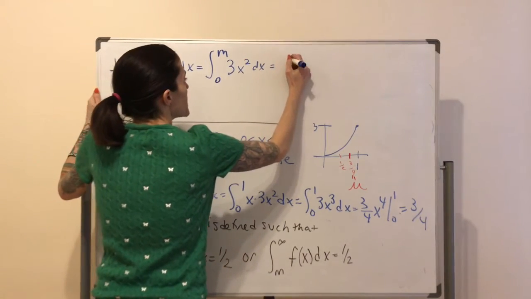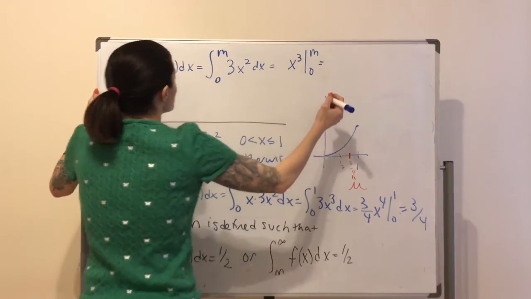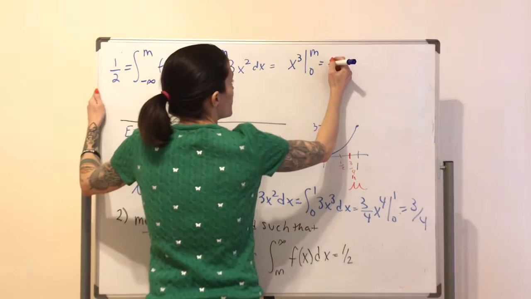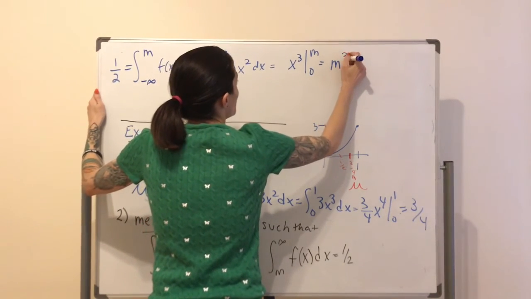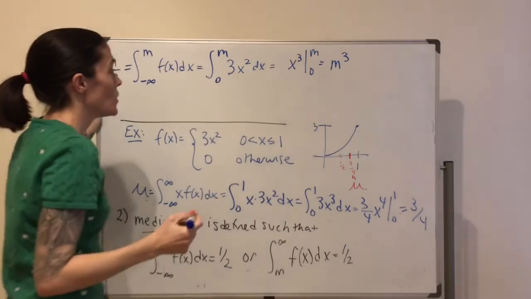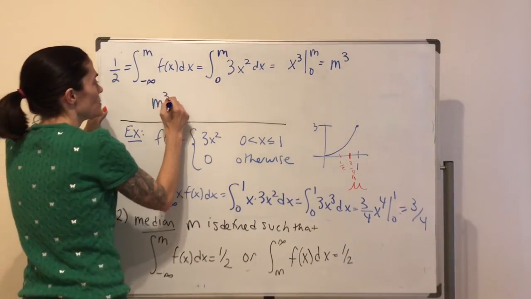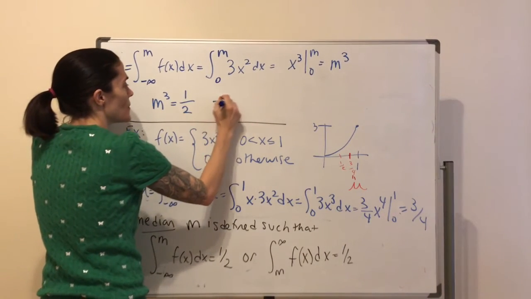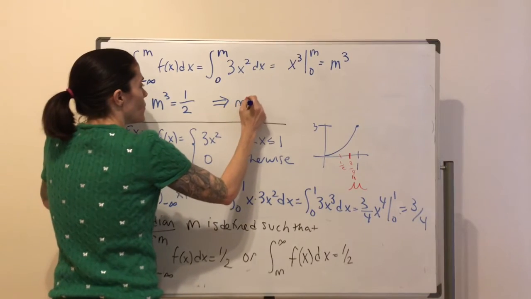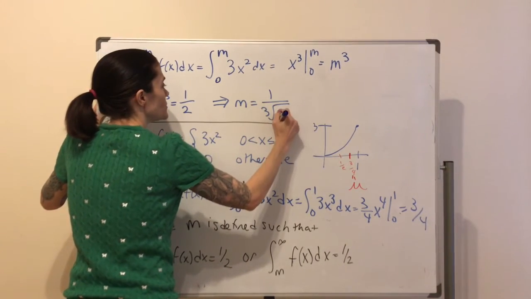So this would be x cubed from 0 to m. We have m cubed, and this should be equal to 1/2. So we have m cubed is 1/2, and so m would be 1 over the cube root of 2.